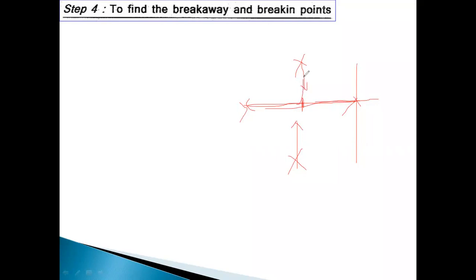Again, this root locus branch moves in this direction, and this one moves in this direction. It may have one more intersection point. These intersection points are called breakaway points.